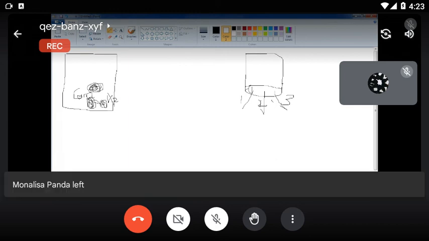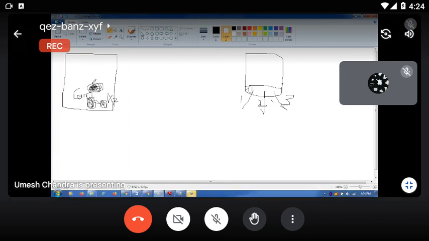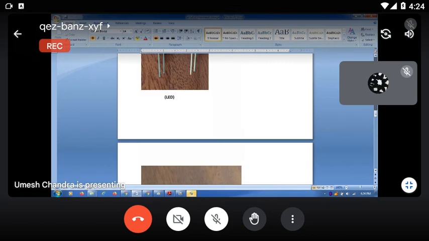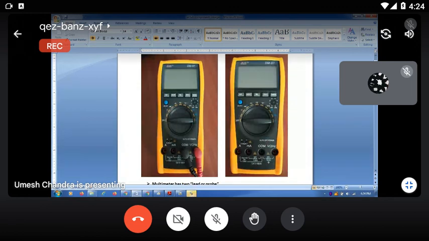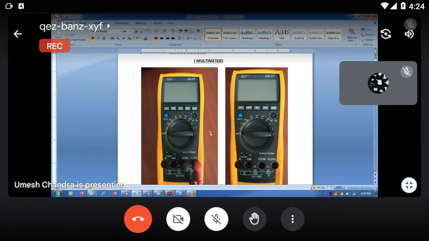Just rotate the rotary switch and select the diode mode or the diode range of the multimeter. Black is fixed in the common position, red is fixed in the voltage point position, and then you vary the rotary switch and choose the diode mode.